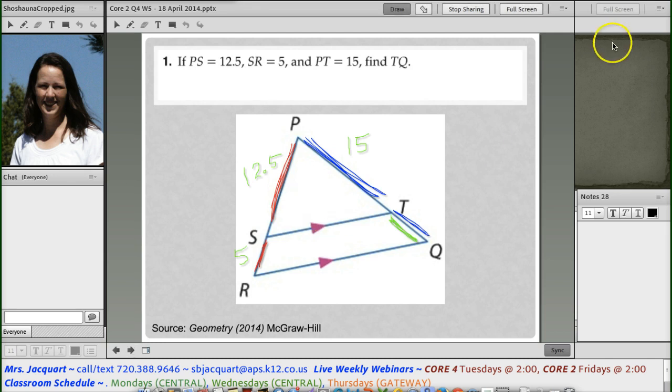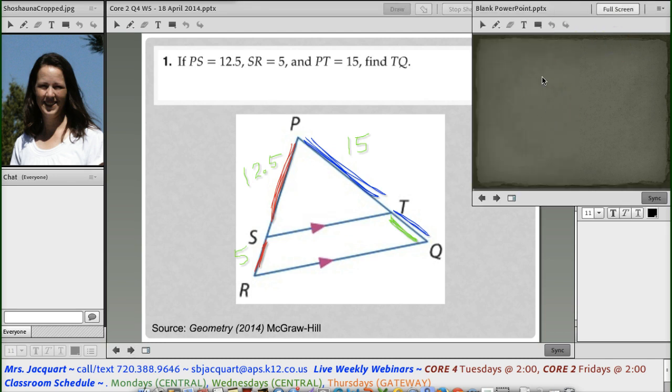Over here on the whiteboard, I'm going to work those ratios out. I'm going to take the long side of the red, 12.5, over the short side of the red, which is 5, equals 15 over, we don't know.